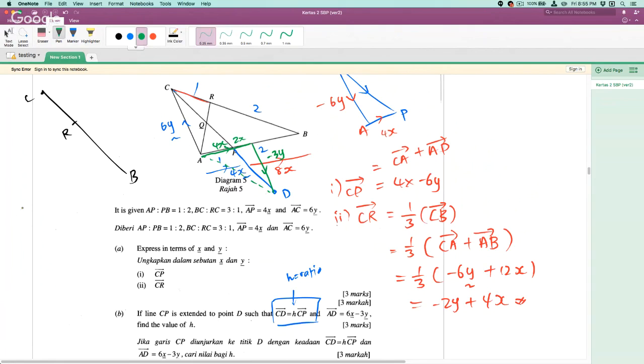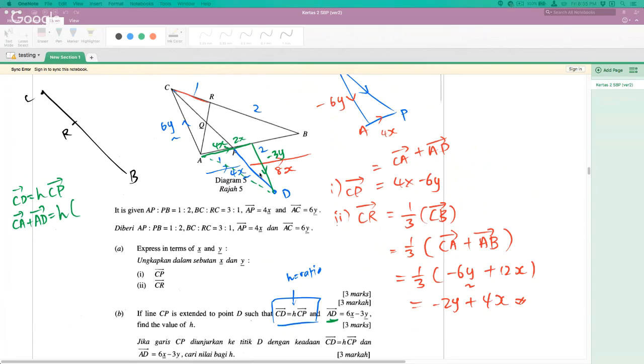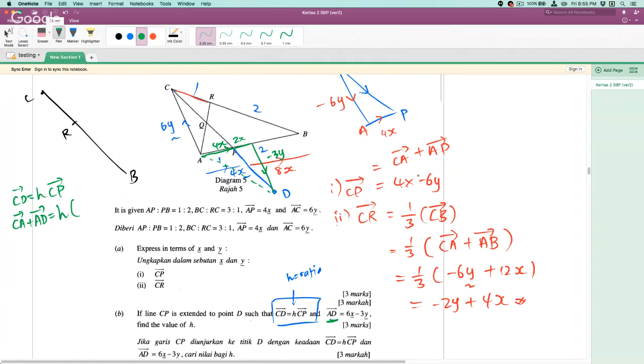I will say CD, which the question gives, equals h CP. So CD can be CA plus AD, because the question actually gives me the AD, equals h CP, from C to P. C to P, we already got it at the first one. CP is 4x minus 6y.